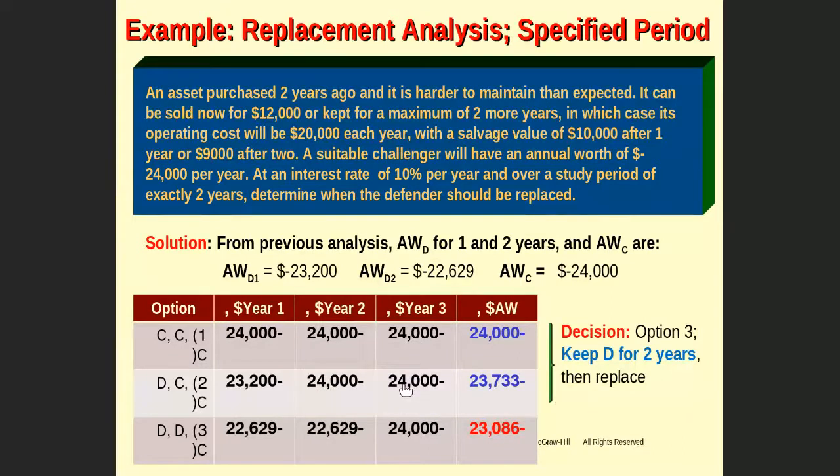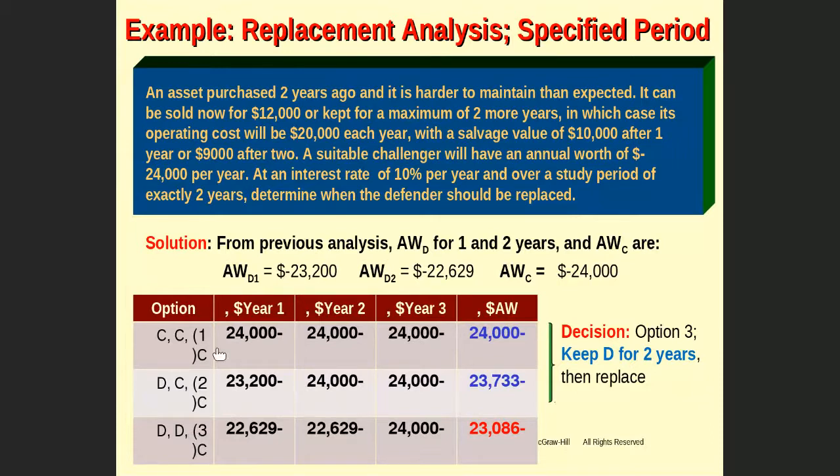If we decide to keep the defender for the maximum, that will be option 3: defender for the first year, then defender for the second year, and challenger for the 3rd year. If you open this file in PowerPoint format, you will see this bracket formatted correctly, better than how it shows here in the blackboard.